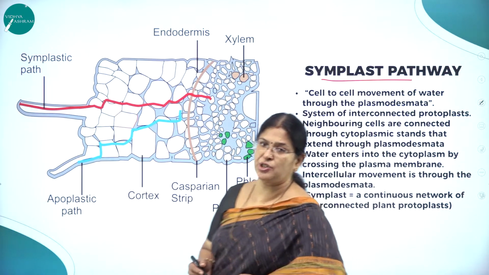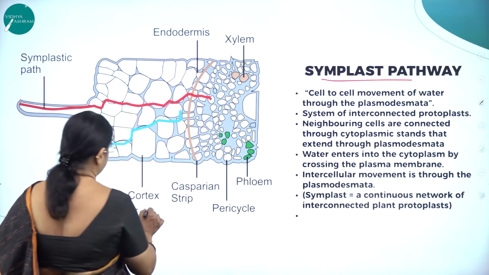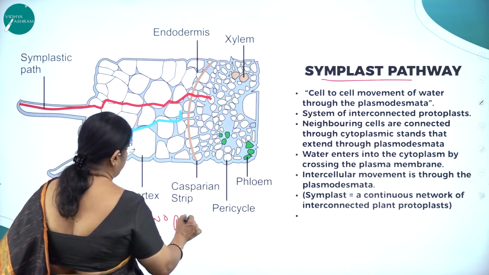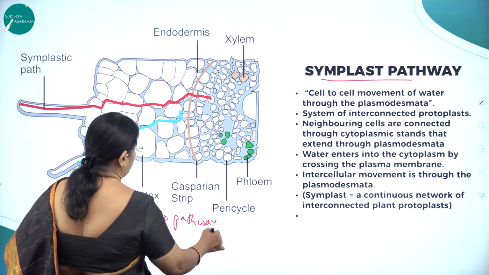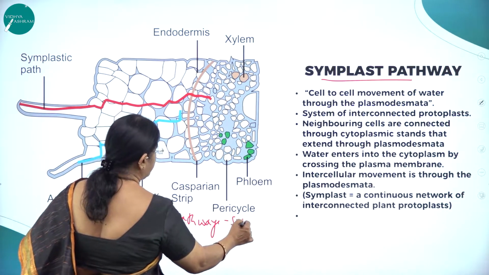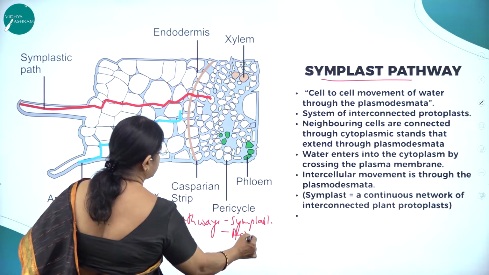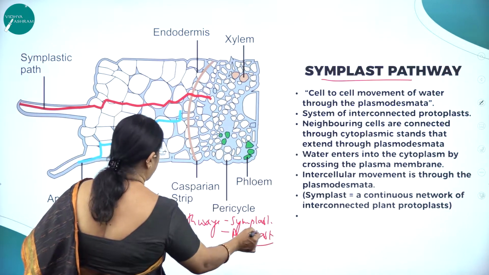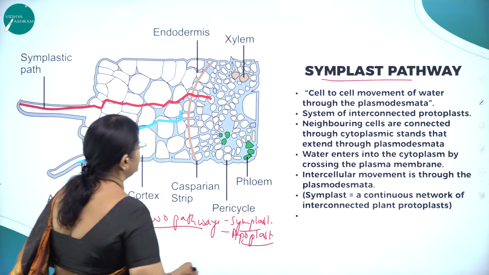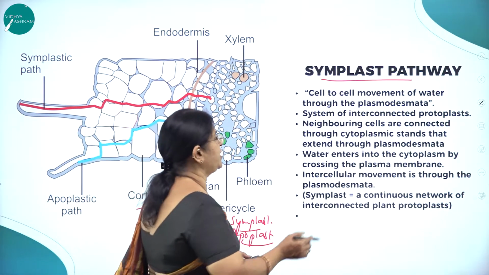So as I said, there are two pathways. One is called the symplast pathway, the other one is called the apoplast pathway. So what is symplast pathway?